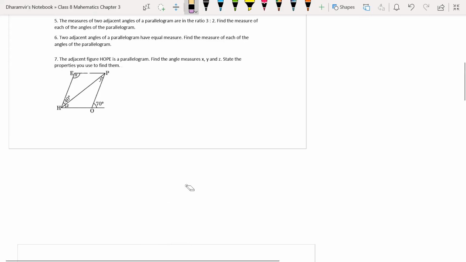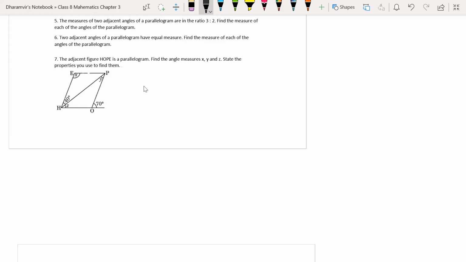The adjacent figure HOPE is a parallelogram. These are the four points, H, O, P, E. Find the angle measures x, y, and z. State the property you use to find them.